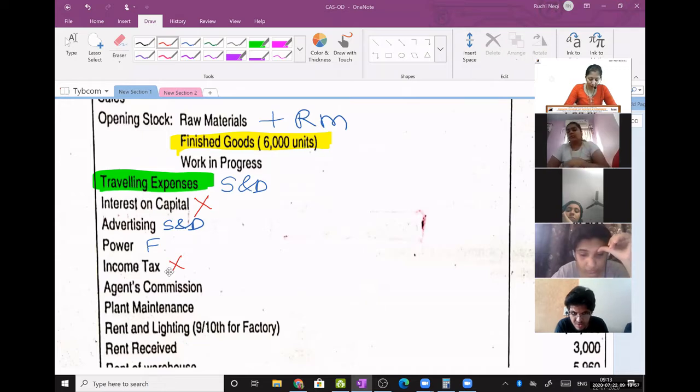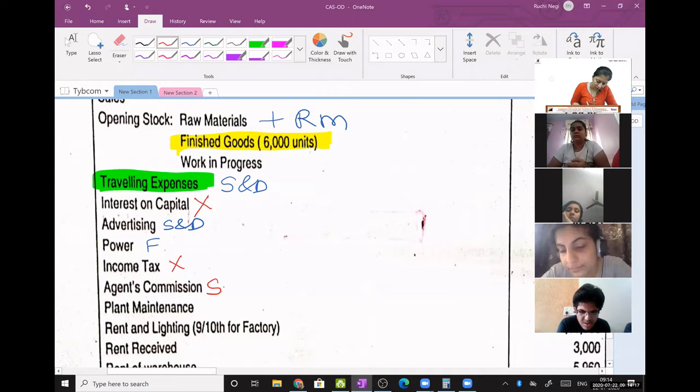Okay, fine. Swapnil, Anvint, Harikishan. They are saying selling and distribution, Asmita, Sanya, Arathya, Swapnil. Yeah, very good. Selling and distribution.